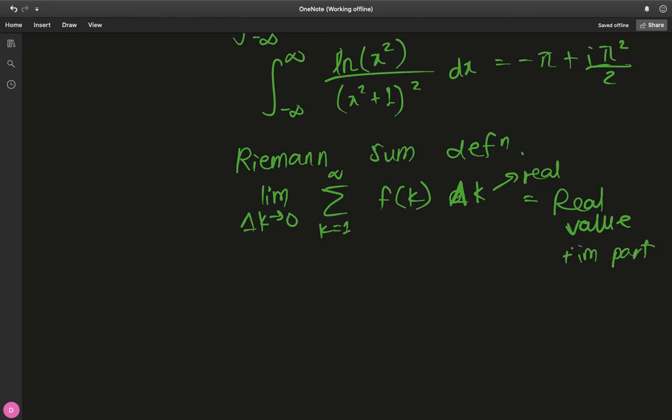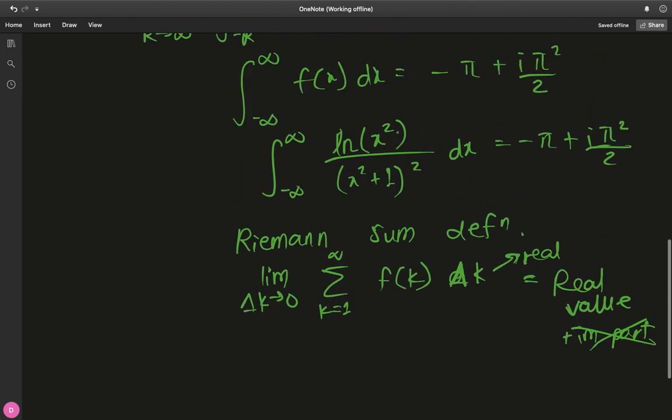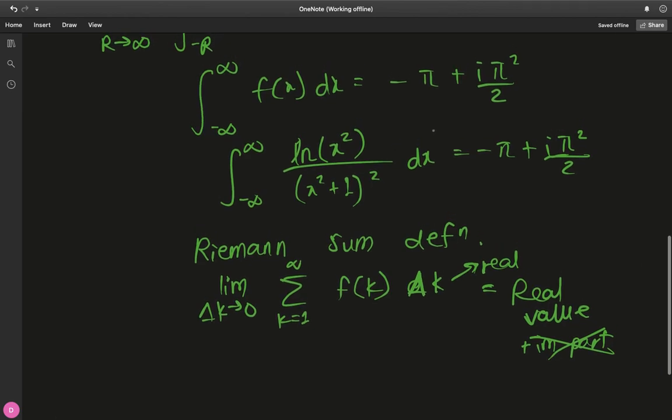But that imaginary part won't be there, because by the Riemann sum definition, this is always going to be taking real parts and inputting real x variables. That's why this will always have to be real, whatever this results in, and there will be no imaginary part to whatever value this is.